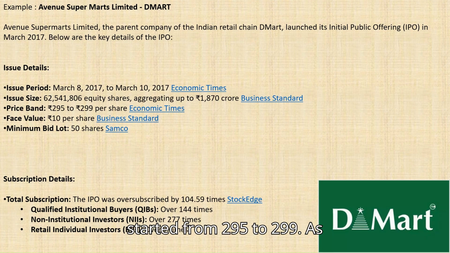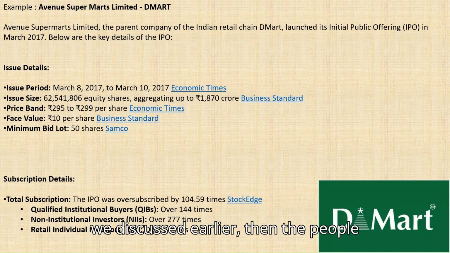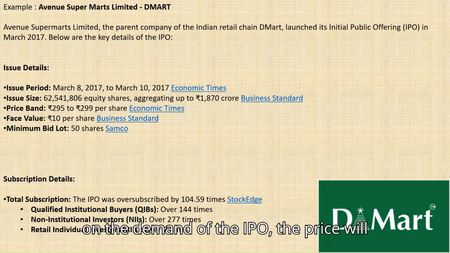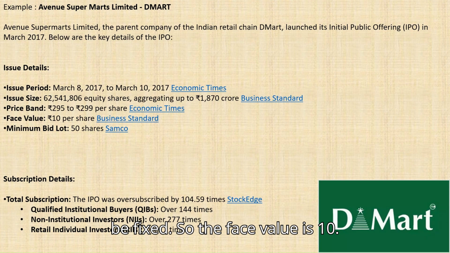The price band started from 295 to 299. As we discussed earlier, the people will bid here from 295 to 299. Based on the demand of the IPO, the price will be fixed. The face value is 10. Face value is part of issue price.